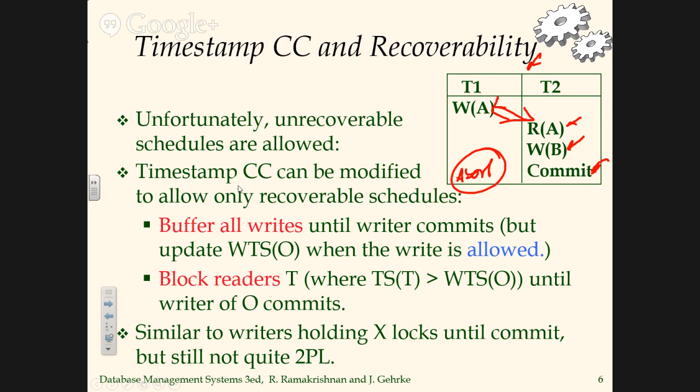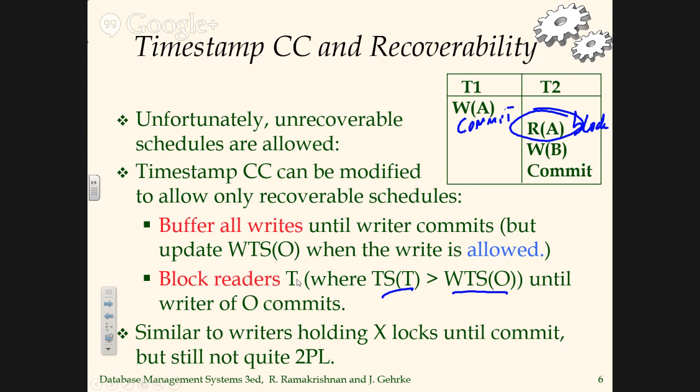So this, of course, can be modified to allow only these recoverable schedules. And the trick is to buffer all your writes until you commit. And then you have to block readers. So if we raise this, you can say that when this guy here wants to read the value that has been updated, where the timestamp is greater than the write timestamp, then we just block until we get a commit, and then we proceed.